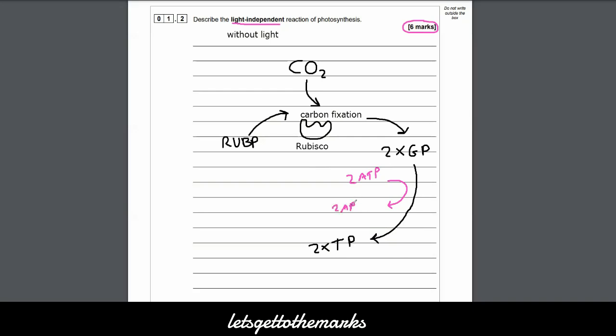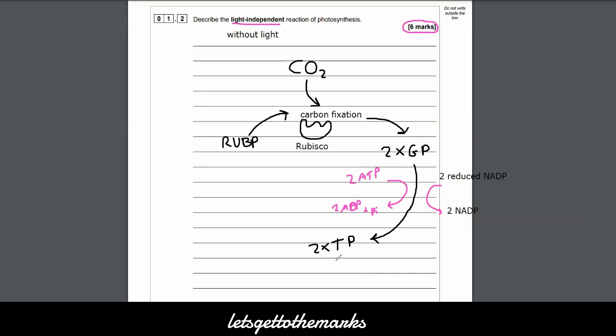So we need 2 ATP molecules used here and 2 reduced NADP molecules are used. The 2 reduced NADP are turned into NADP, and their hydrogen and electrons go onto the GP and turn it into triose phosphate.